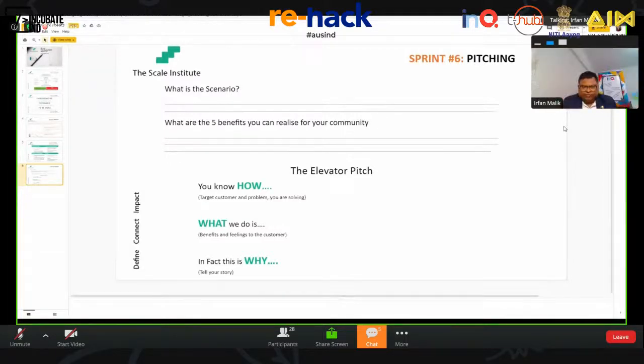And as Stephen mentioned, it needs to be not more than 45 seconds to 1 minute. And this is very important as you go through the hack days and the final pitch video and the pitch, that you're able to convey these elements.